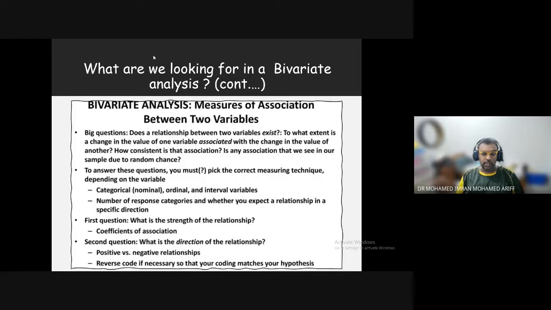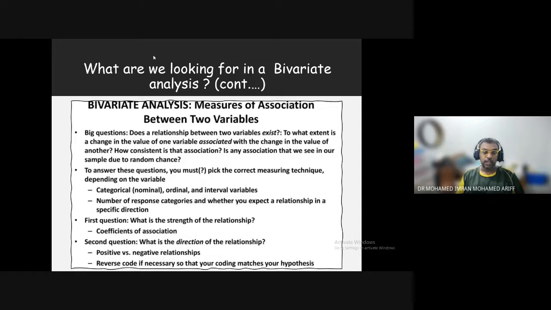To answer this question, you must pick the correct measuring techniques. Ini yang paling penting ni. You must pick the correct measuring technique. So, kalau salah pilih teknik, then you don't get the right answer. Pearson correlation, yang lain-lain tu, those are techniques. Okay. Yes, you have so many other techniques, but you must pick the right technique for Pearson.